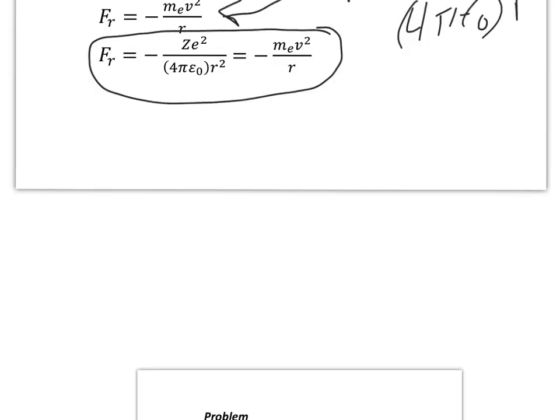So you should notice that there's a lot of information we can get simply from this equation. In particular, we can see how the radius of this circular orbit is related to velocity and kinetic energy. So I'll show you this from this equation.